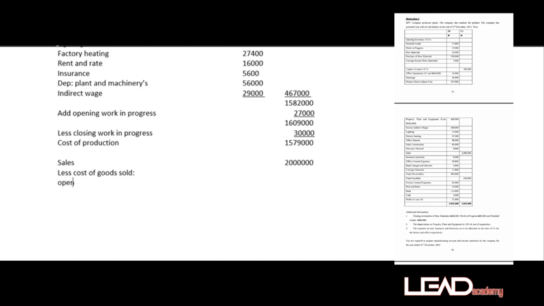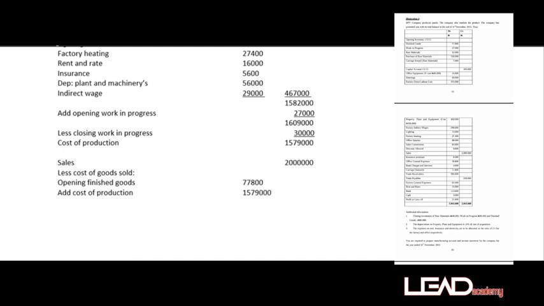Stock of finished goods, which is opening finished goods, was 77,800. Then you add cost of production. So our cost of production is 1,579,000.